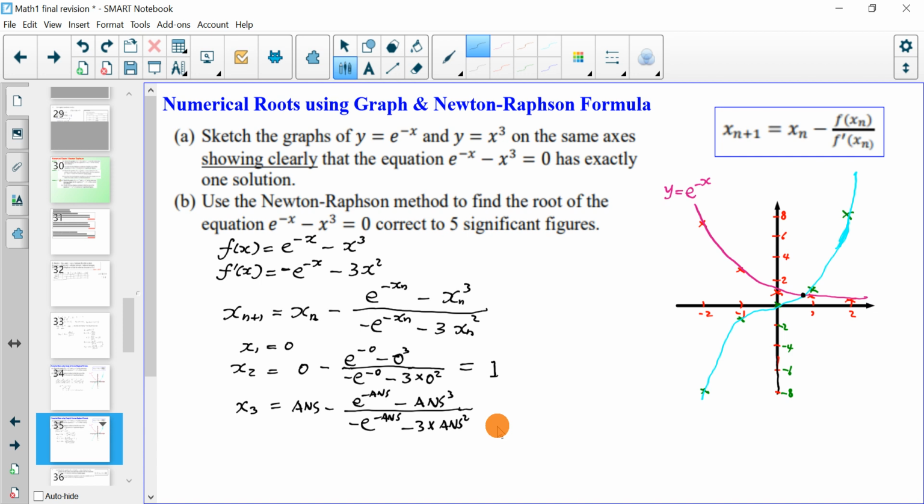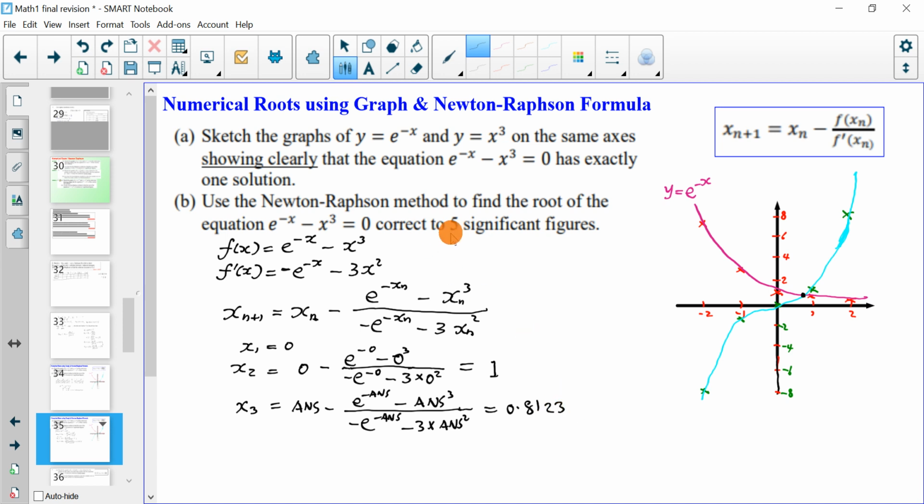Okay, and then get my next x value, which is x3, and that value is 0.8123.